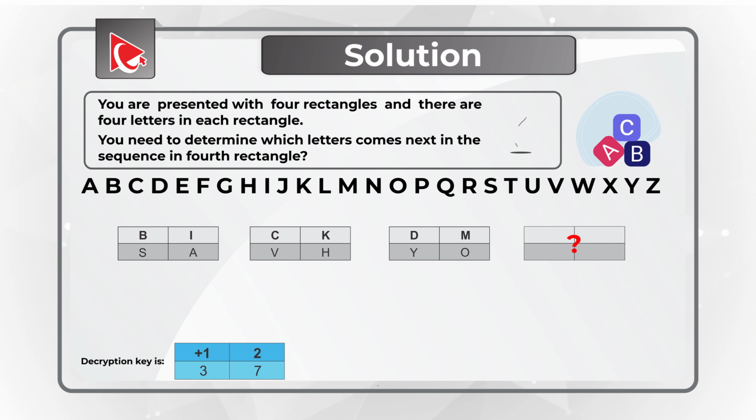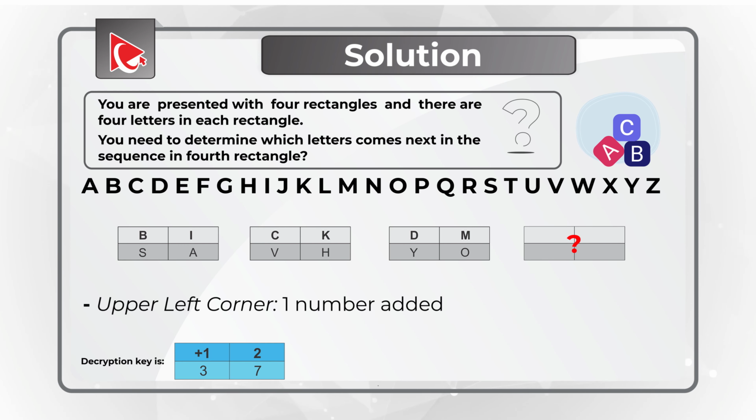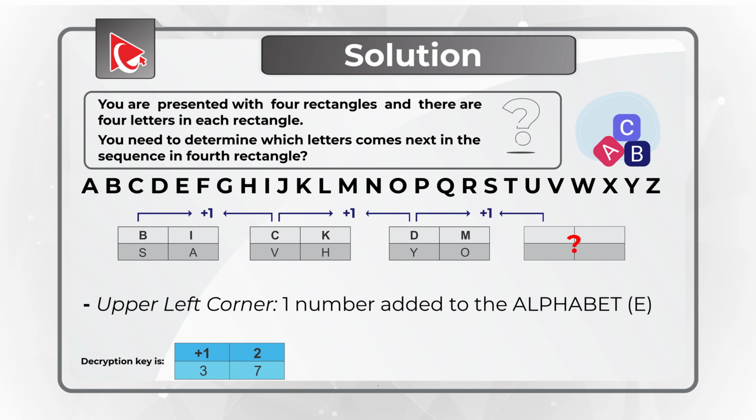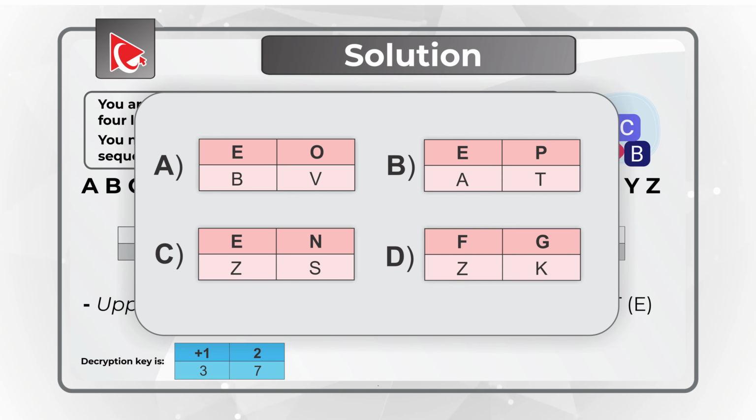Let's start with the upper left corner of the rectangle and look at the existing sequence. You see that the letters are B, C, D, and they match the English alphabet 1 to 1. So the next letter would be E. But if you look at the set of answers, choices A, B, and C all have letter E in the upper left corner.